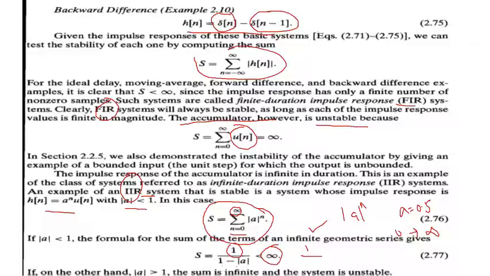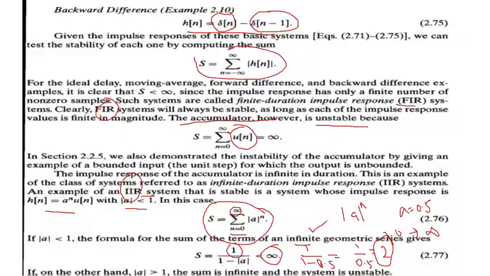This is the infinite series formula. So 1 minus 0.5, so 1 divided by 0.5 becomes 2. If I add a raised to the power n from 0 to infinity, the overall sum will be 2. So here you are told about finite impulse response and infinite impulse response.